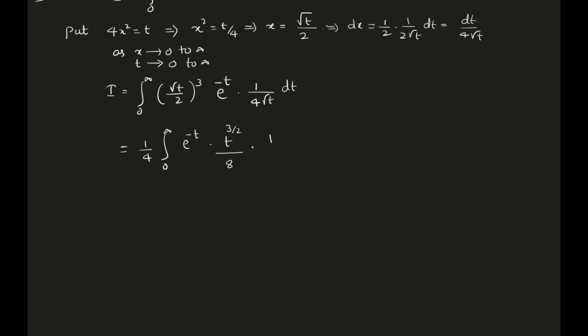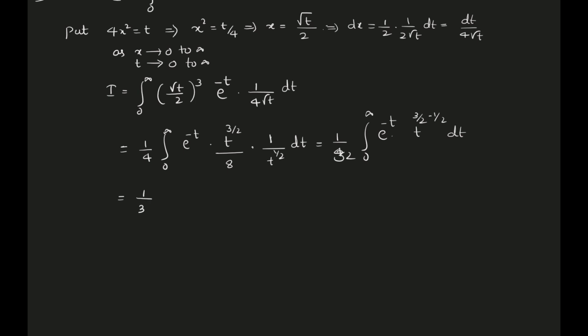And already we have taken 1 by 4 outside. So we are left with 1 by root t, that is t power 1 by 2, into dt. So this is nothing but 1 by 32, since 8 fours are 32, integral 0 to infinity e raised to minus t into t, where we have 3 by 2, and here we have 1 by 2. When you take this to the numerator, it is minus 1 by 2, into dt.